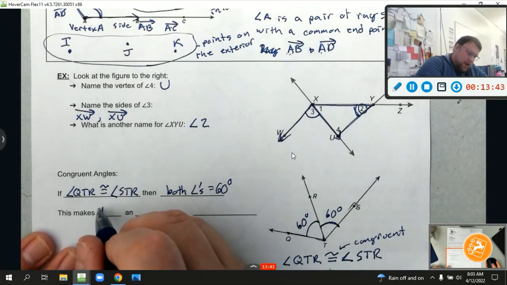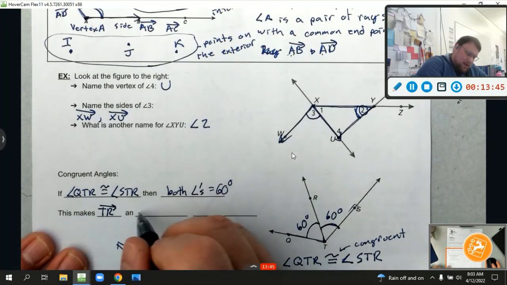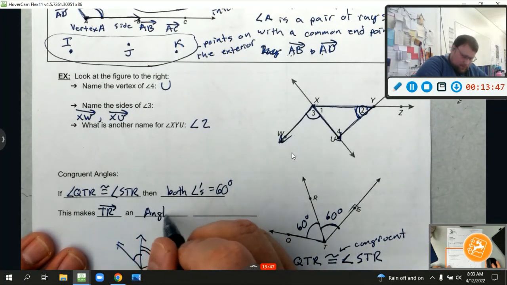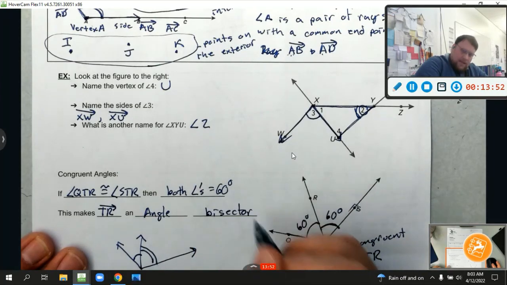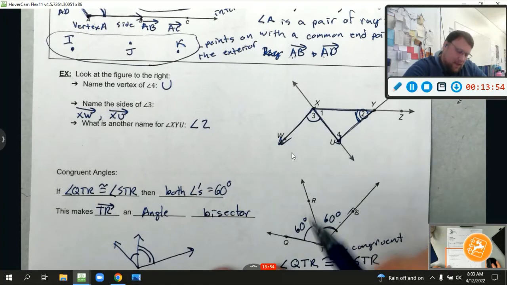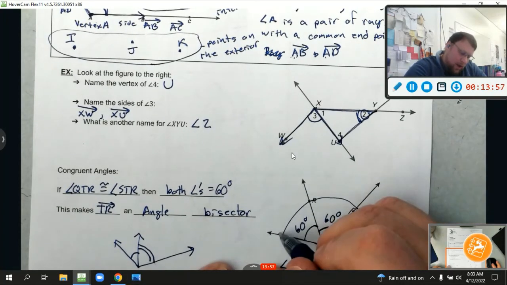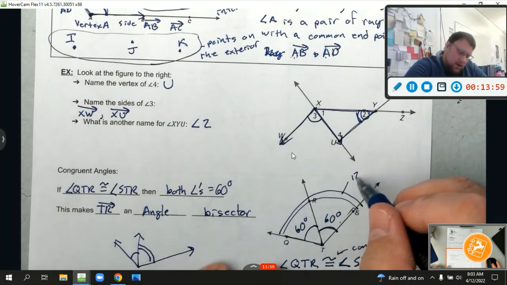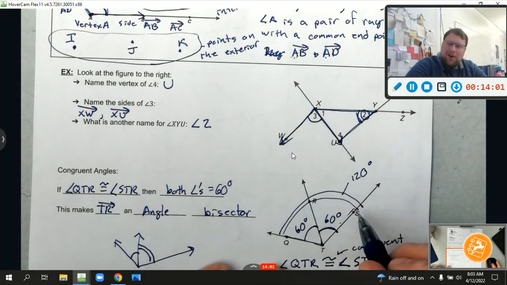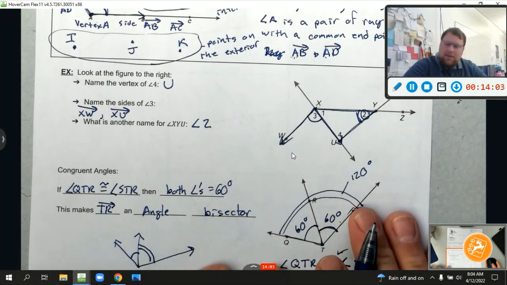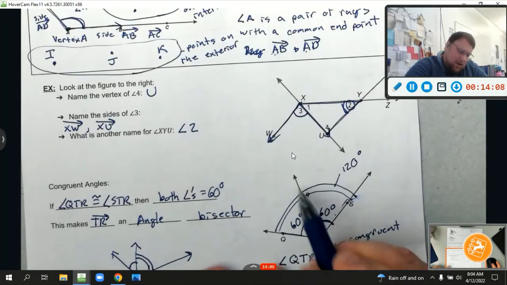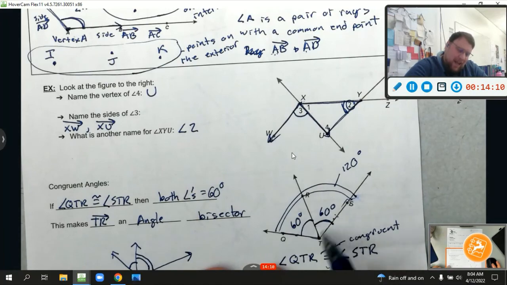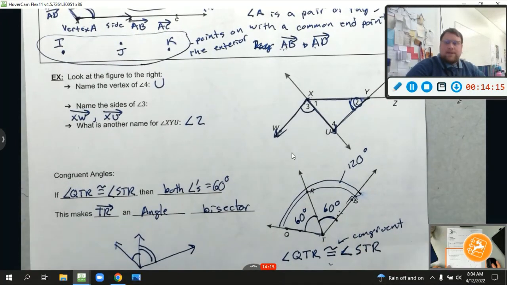This makes ray TR an angle bisector. And why can I say that? Well, if they're both 60, that means this whole angle right here is 120 degrees, right? By the way, notice I use two arcs because I'm talking about the combination of them both. It's 120 degrees. And TR is splitting it exactly in half, making it an angle bisector. That's what an angle bisector is and does.